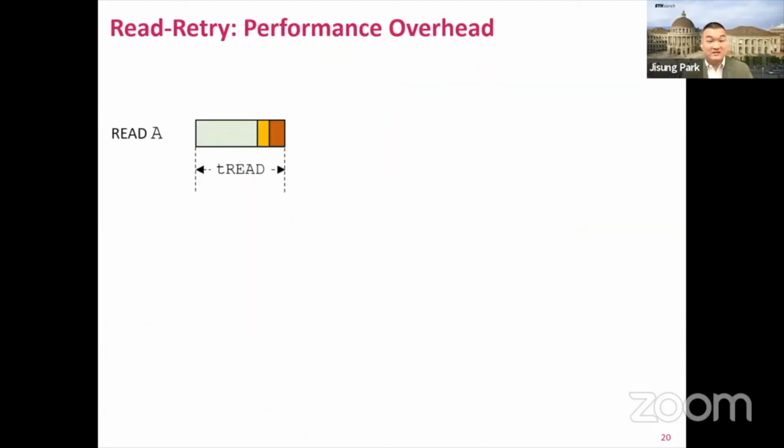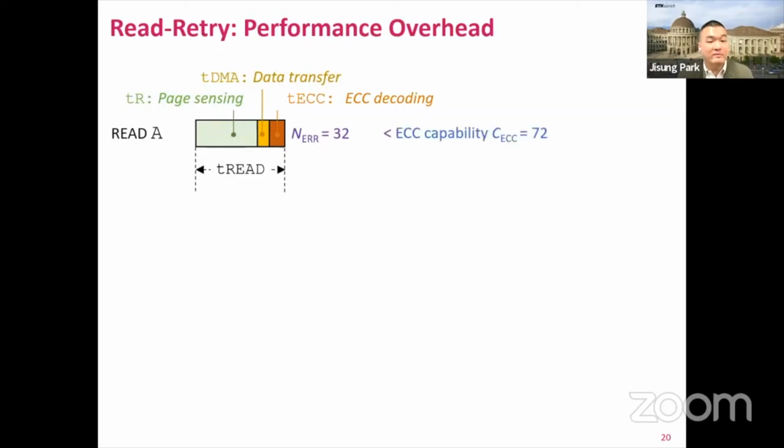Unfortunately, read-retry also significantly increases the read latency. As we discussed, reading a page consists of three steps: page sensing at the chip, data transfer from the chip to the flash controller, and ECC decoding at the flash controller. If the number of bit errors is lower than the ECC correction capability, the read request can be returned immediately after ECC decoding.